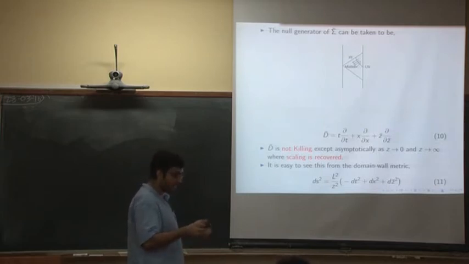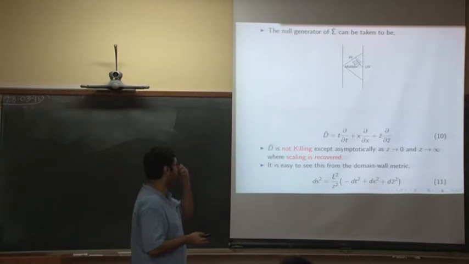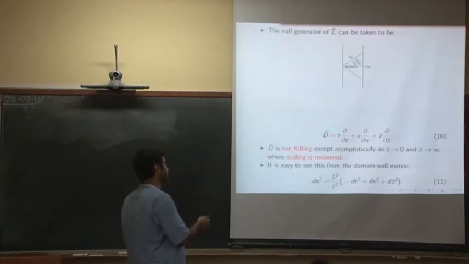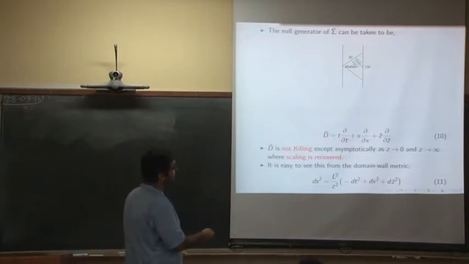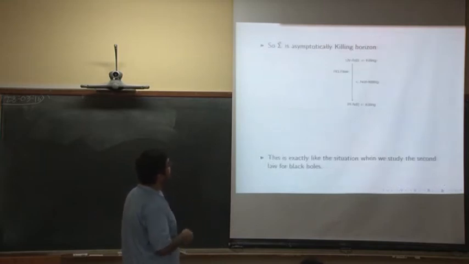And at the fixed point, the scaling symmetry is recovered. The mathematical way of saying this is that d bar is becoming a Killing vector near z equal to 0 and z equal to infinity.